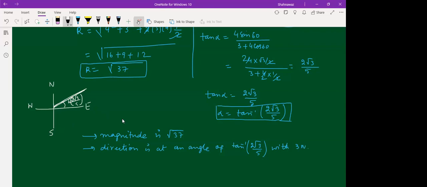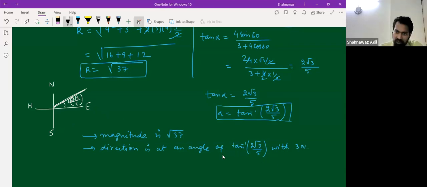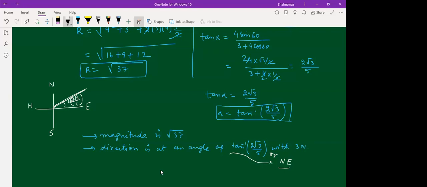Northeast. Northeast, right? So we can write this at an angle of tan inverse 2√3/5 to the northeast, right? We can also write this as northeast. Understood, guys? Yes, sir.